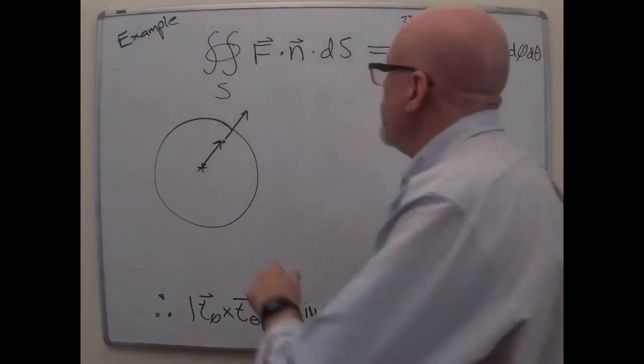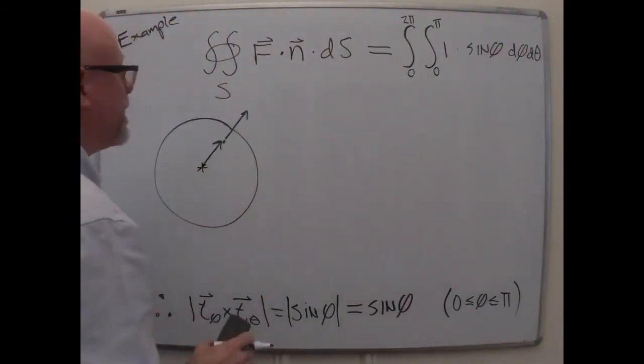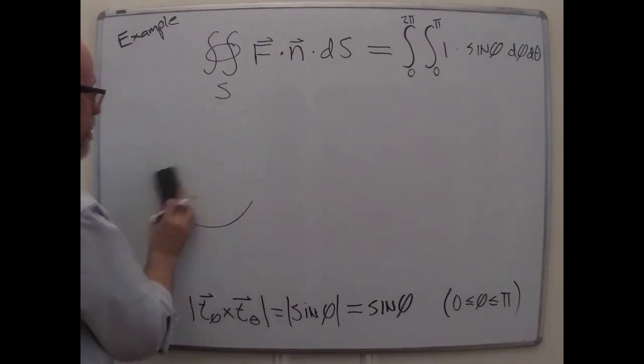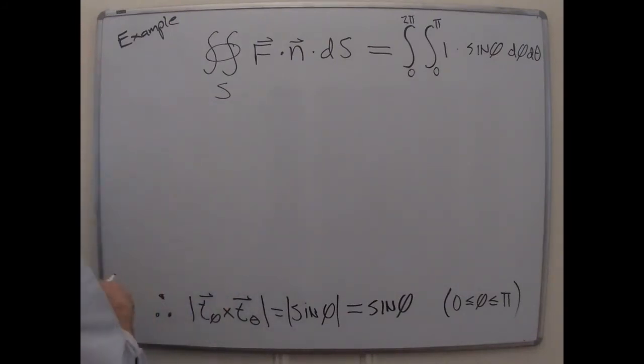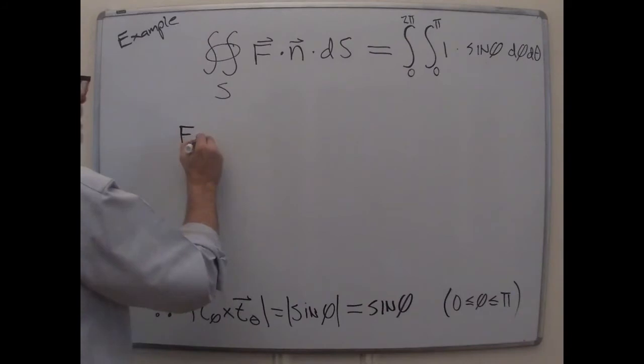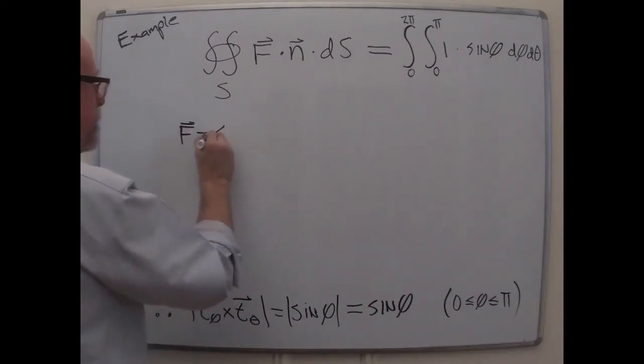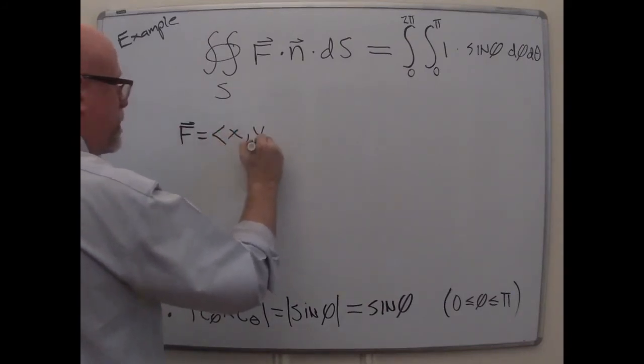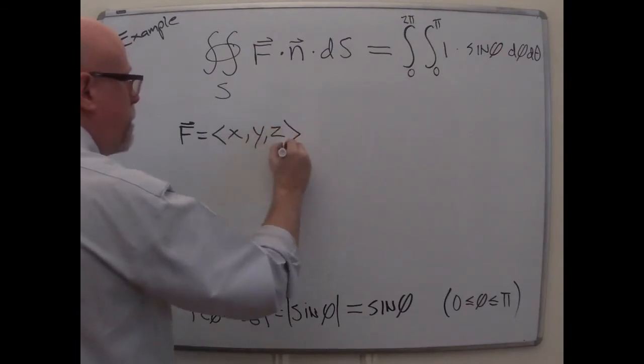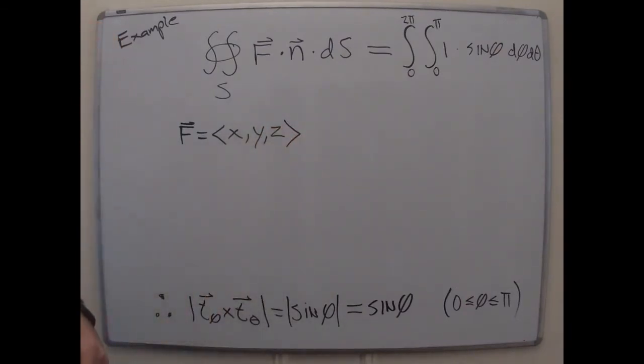But I feel like we want to probably see why that's 1 without just appealing to a geometric sketch. So remember that F is xyz, was the example I started with. But what are xyz if you're on the surface of the sphere? It was given parametrically by those equations.